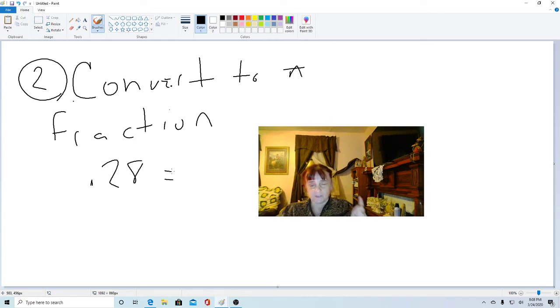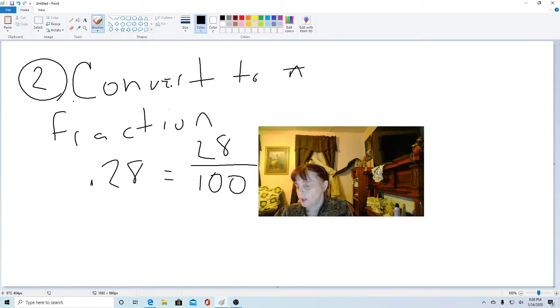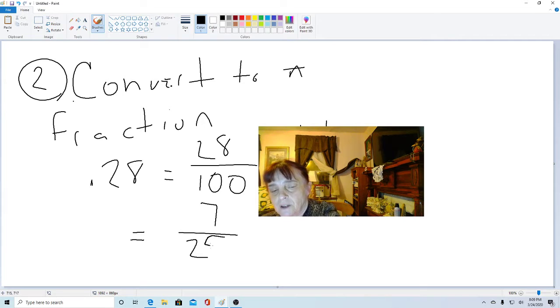You have two places, so that's 28 over 100. And then you can divide numerator and denominator by 2, which will be 28 divided by 2 is 14, 100 divided by 2 is 50, and then you can divide that by 2 again. 14 divided by 2 is 7, 50 divided by 2 is 25. So 0.28 is 7/25.